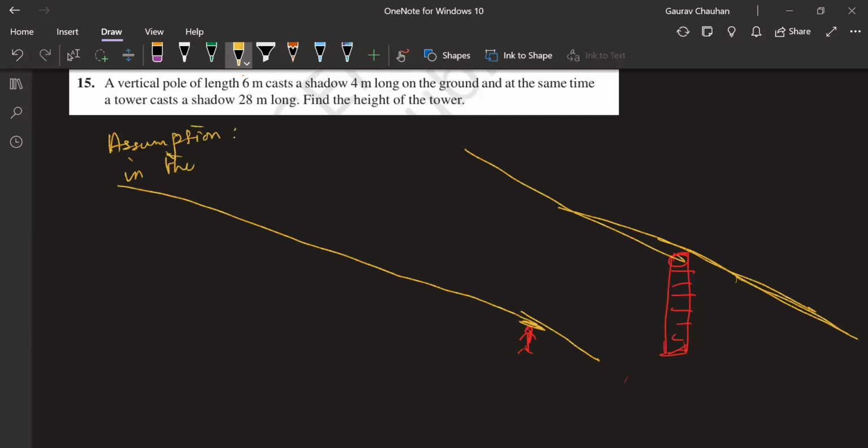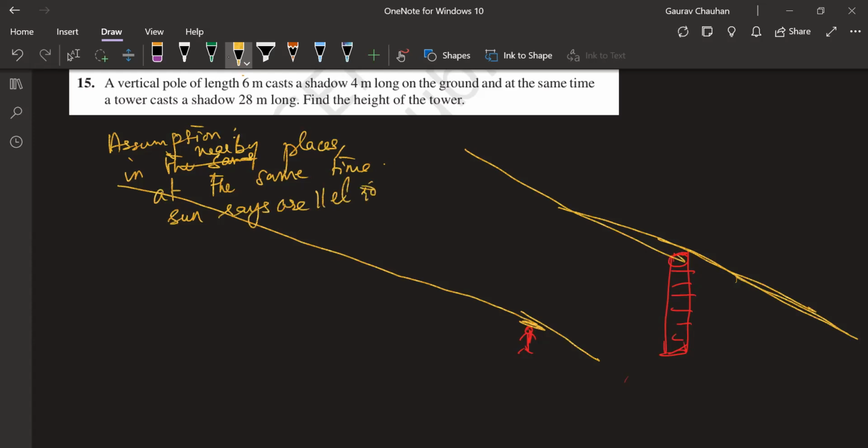in the same place at the same time, or you can say not even the same place, in nearby places at the same time, sun rays are parallel to each other. Obviously this is not true if you're thinking of one person in Mumbai, one person in Kolkata.